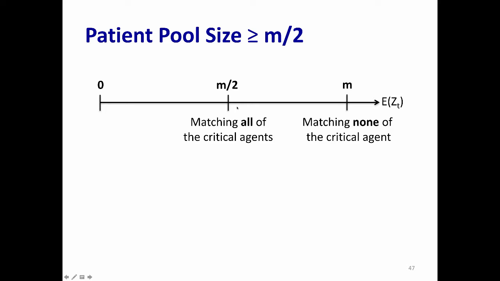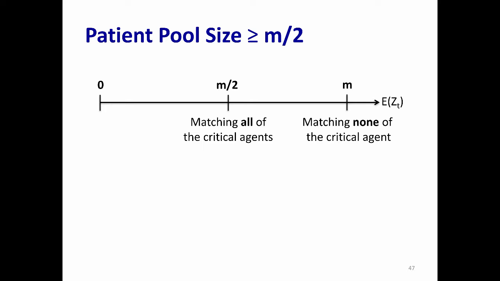Why? Because the arrival rate of agents is m. Now suppose the pool size is x. For any agent who becomes critical, which happens at rate x, 2 agents will leave the market, because I will match a critical agent to some neighbor. As a result, for any critical agent, 2 agents will leave the market.